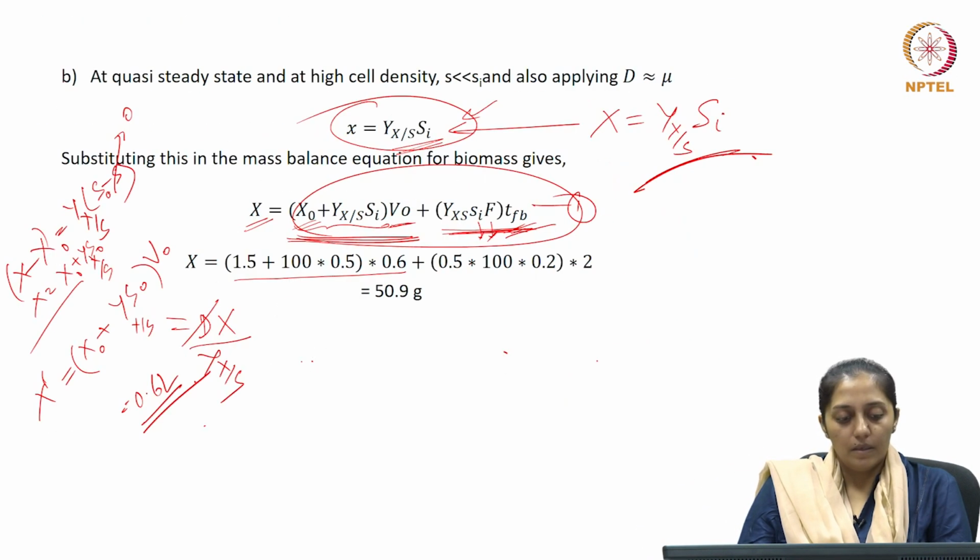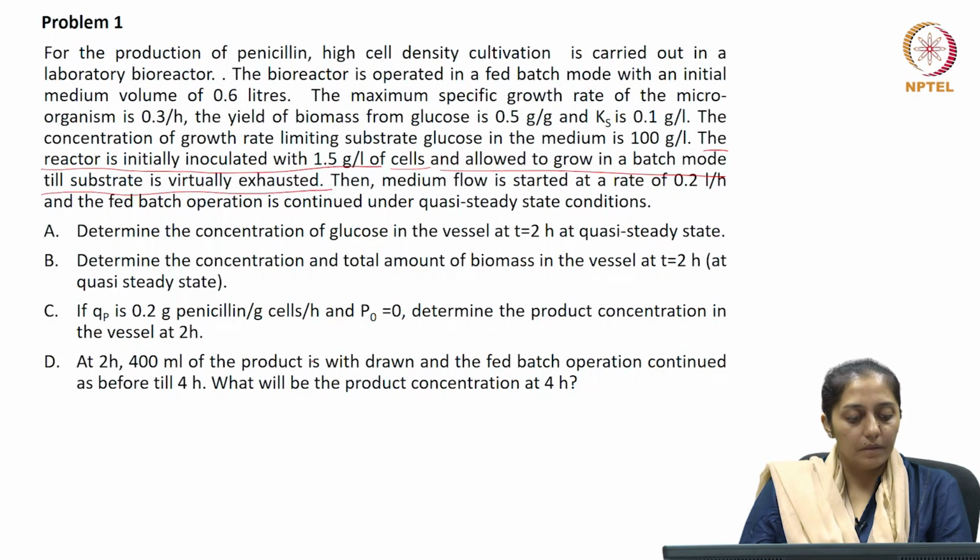Let us see the fourth part. At 2 hours, 400 ml of the product is withdrawn and the fed batch operation is continued as before till 4 hours. So, after 2 hours of quasi steady state, 400 ml of the product is removed.